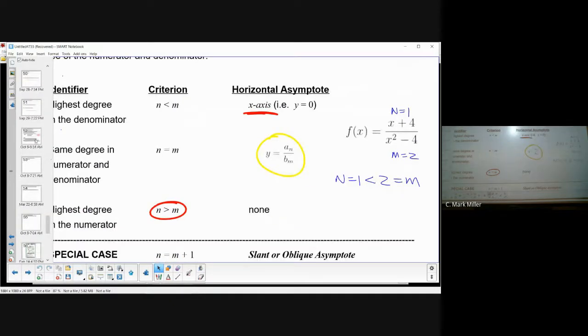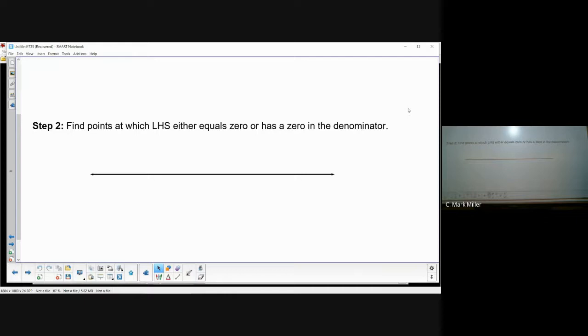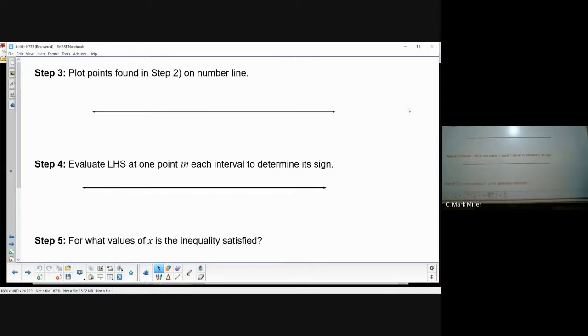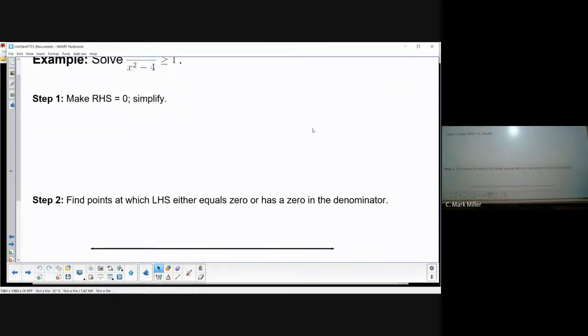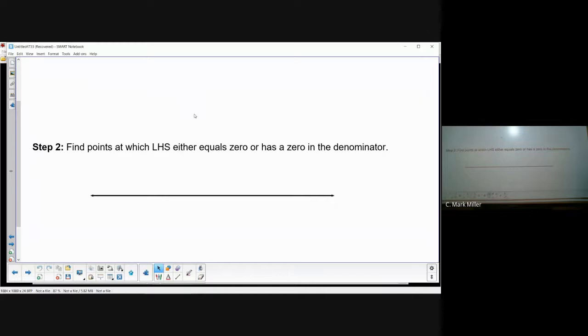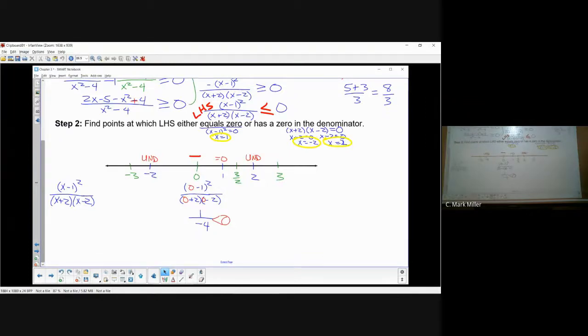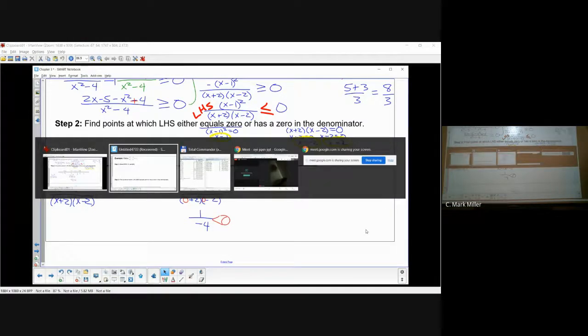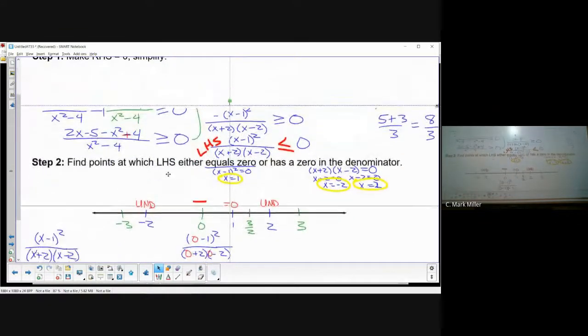Oh, we lost the entire page. Now that's going to replace a lot of it.